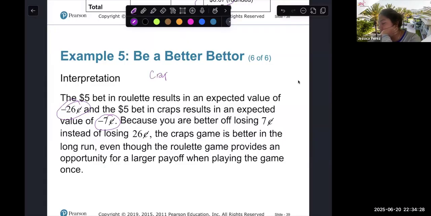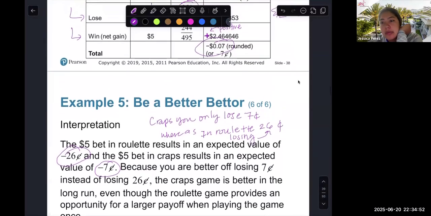So in craps, you only lose 7 cents, whereas in the roulette, it's 26 cents. You're losing 26 cents every time.